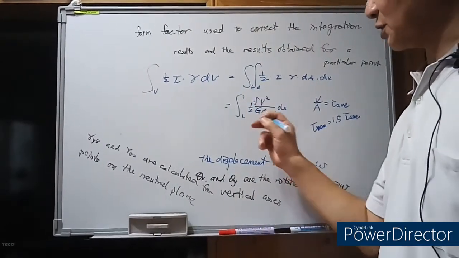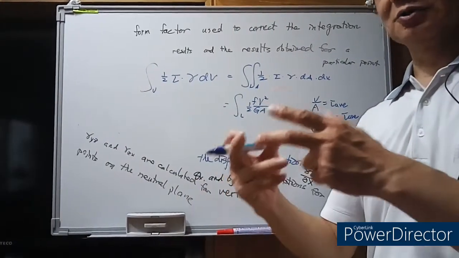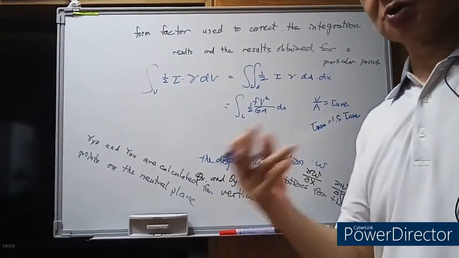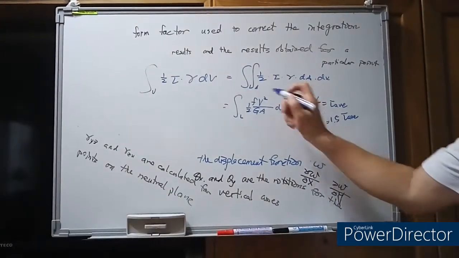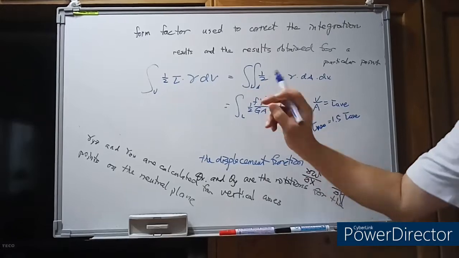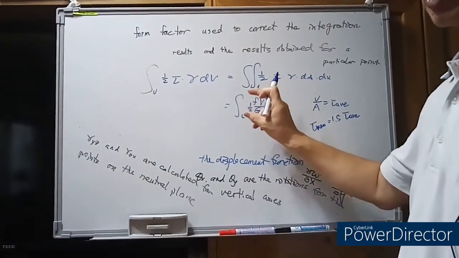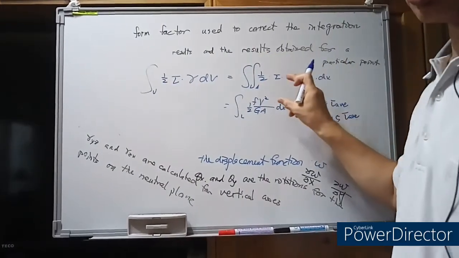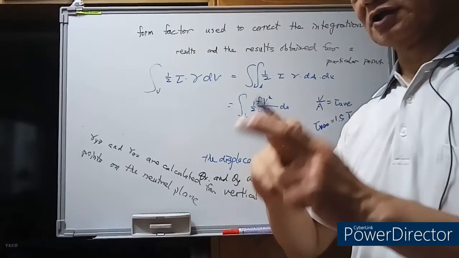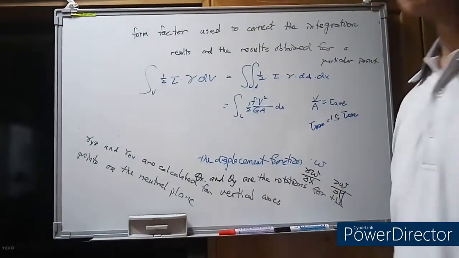We like to use the sectional force divided by A to get a tau average, which is much easier to calculate. But in this case, we need a form factor to correct the calculated results to the exact solutions.